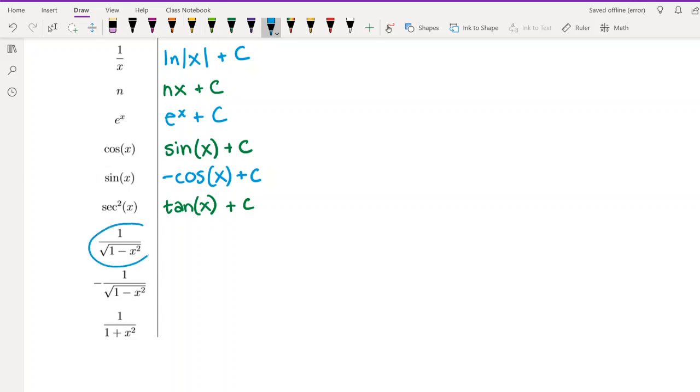So the antiderivative of this would be inverse sine of x. And then the next one, when you have the negative sign out front, that is the derivative of inverse cosine. So inverse cosine is the antiderivative of that expression. And then the last one here, what's the antiderivative of 1 over 1 plus x squared? Well, that is inverse tangent of x.